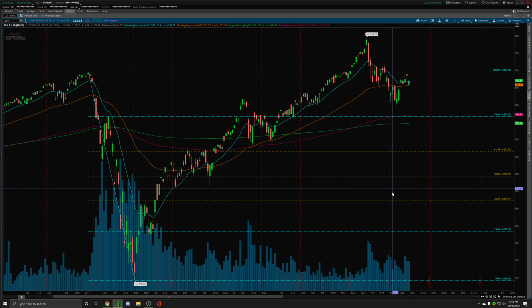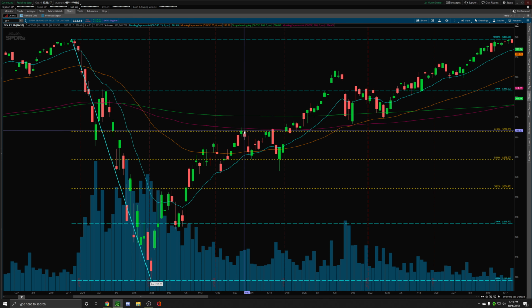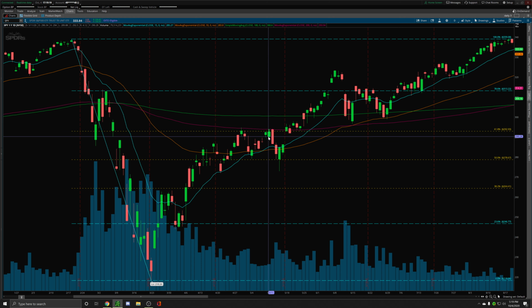To give you kind of a quick rundown of how these zones are respected, take a look at when we began to recover. We got near the zone, rejected, came back down, tested the support, pushed right back up, broke through this level, but it kind of stalled for a bit, came back down, pushed back up, got rejected here, pushed back down, pushed back up, pushed back down, held.